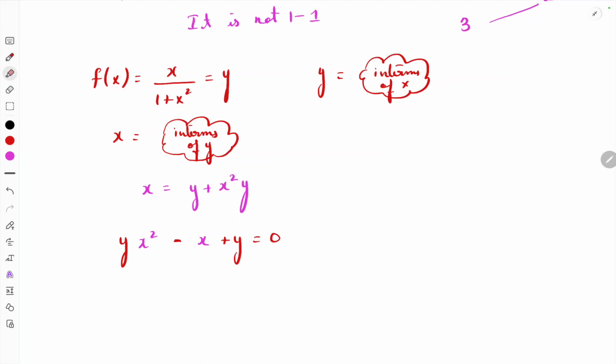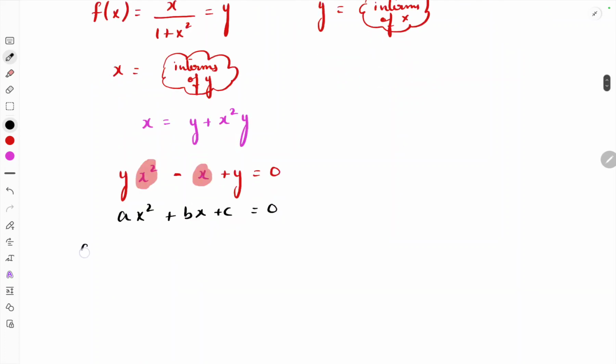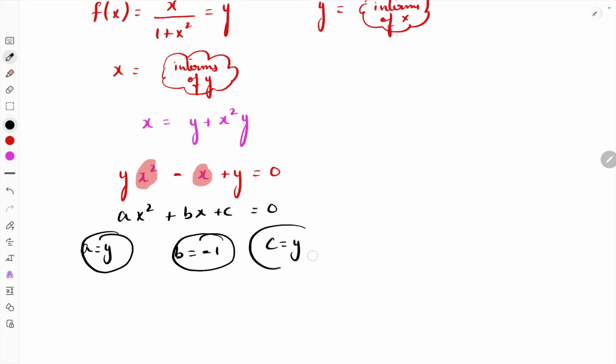So this is a quadratic function in terms of x. So I can use the formula minus b plus or minus root of b square minus 4ac by 2a, and x will be equal to, so I will just compare this first, ax square plus bx plus c equal to 0. So a will be equal to y here, and b is equal to minus 1, and c is again y.